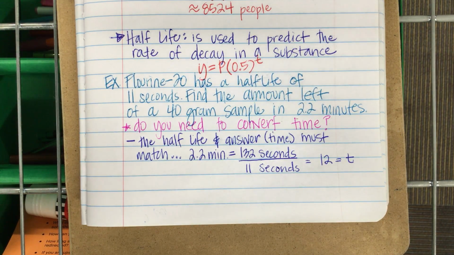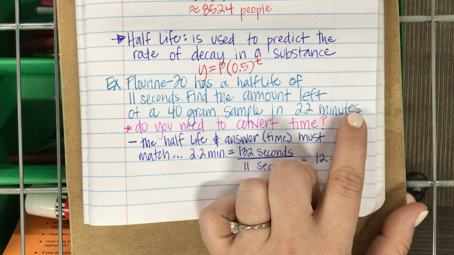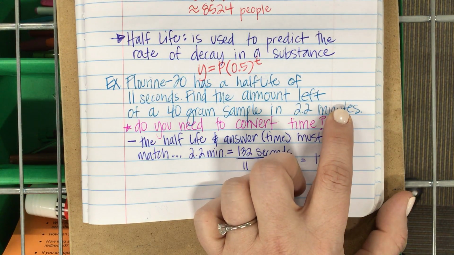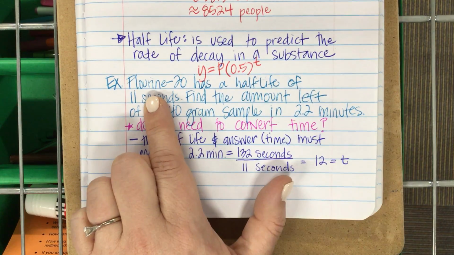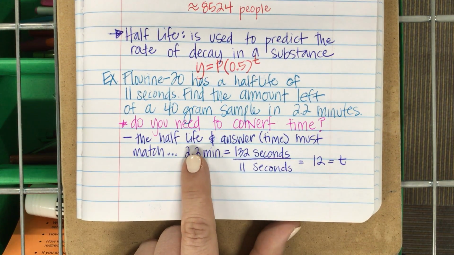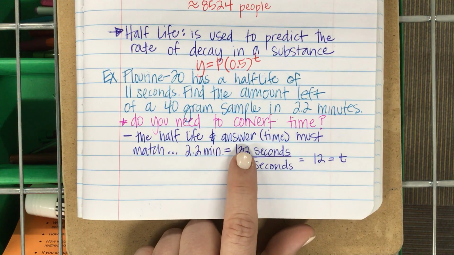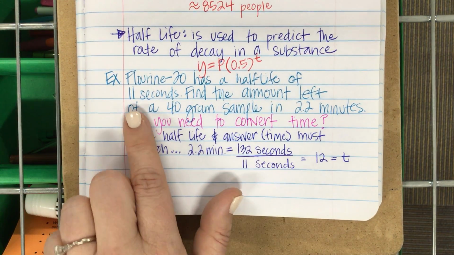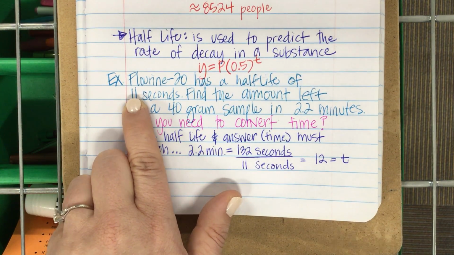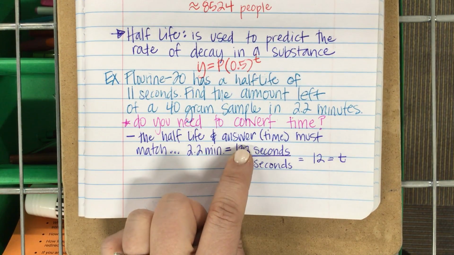Again, you have to take your end value. It's asking you for 2.2 minutes. I converted that to seconds because that was what I was working with. So I did 2.2 times 60 to get 132 seconds. And then I know that a half-life is 11 seconds. So how many half-life cycles are in that 132 seconds?